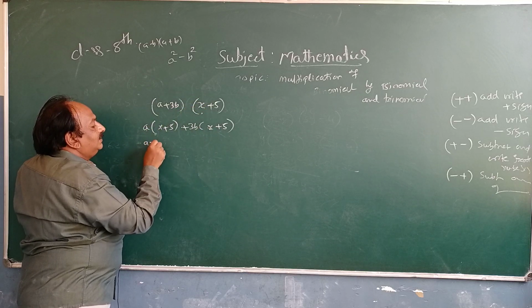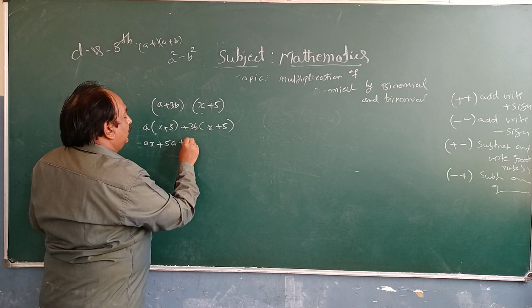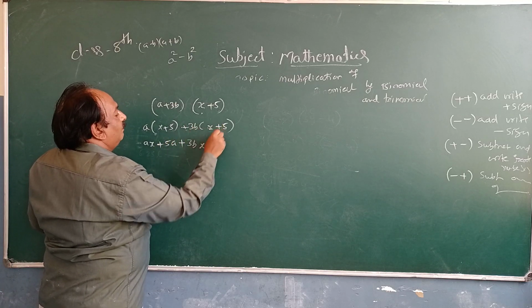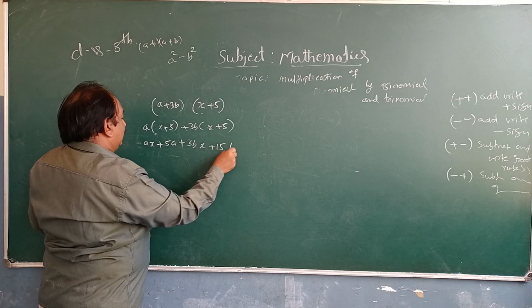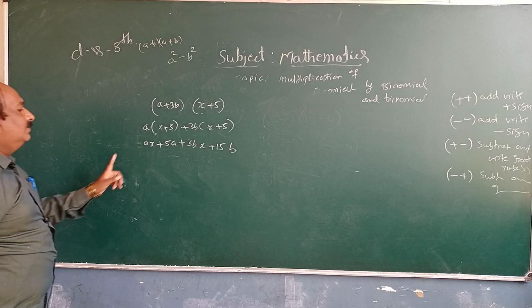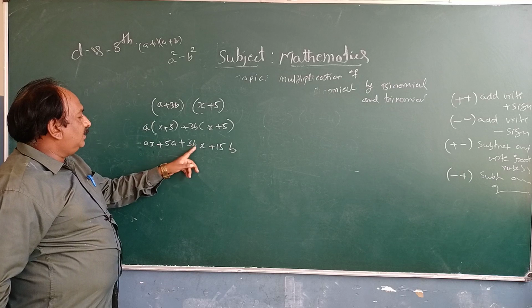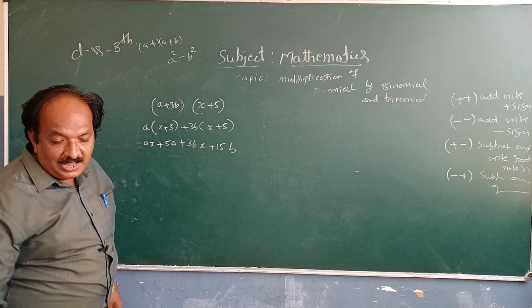A into X, AX. 5 into A, 5A. 3B into X, 3BX. 5 3s are 15B. Is it possible to add? No, because this is AX, this is 5A, this is 3BX, this is 15B, so it stays as it is.